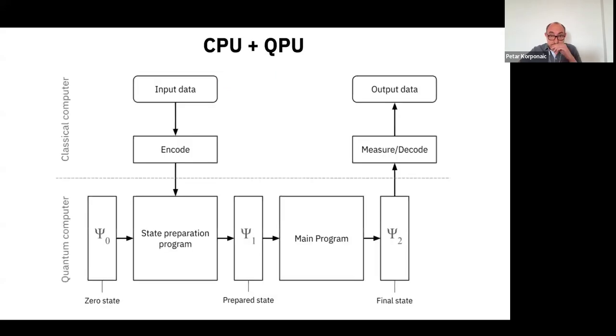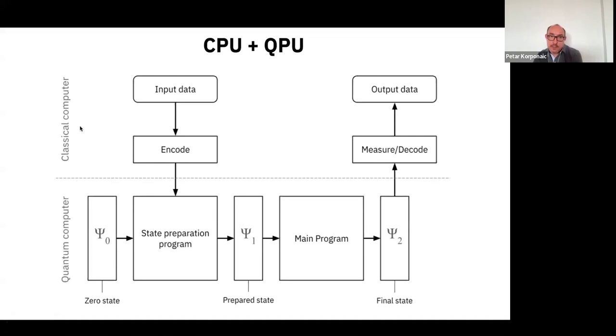Now, let's see. First, in this picture, you can see how classical digital computers and a quantum computer work together. So CPU and QPU. QPU is the quantum processing unit. At the upper part of the screen, we have the classical computer. And at the bottom part, there is a quantum computer.